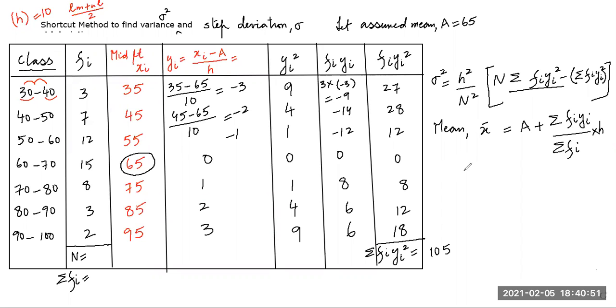So we can find the mean. Our assumed mean a is 65. So mean is 65 plus summation fi yi, which is minus 15, divided by summation fi, that is n, 50, into h is 10. So 10 fives are 50, so it will be minus 3, right? So 65 minus 3 is 62. So this is the mean.